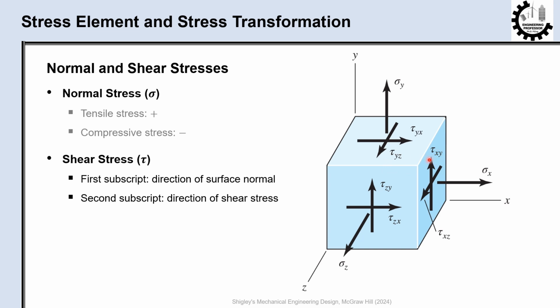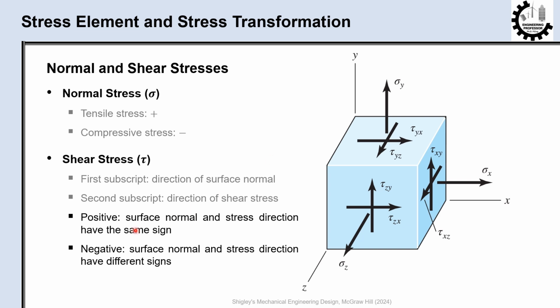For example, in tau xy, x is the direction of the surface normal vector, which is this surface having a normal vector in the plus x direction. The second subscript indicates the direction of shear stress. For example, in tau xy, y is the direction of the stress, which is in plus y direction.